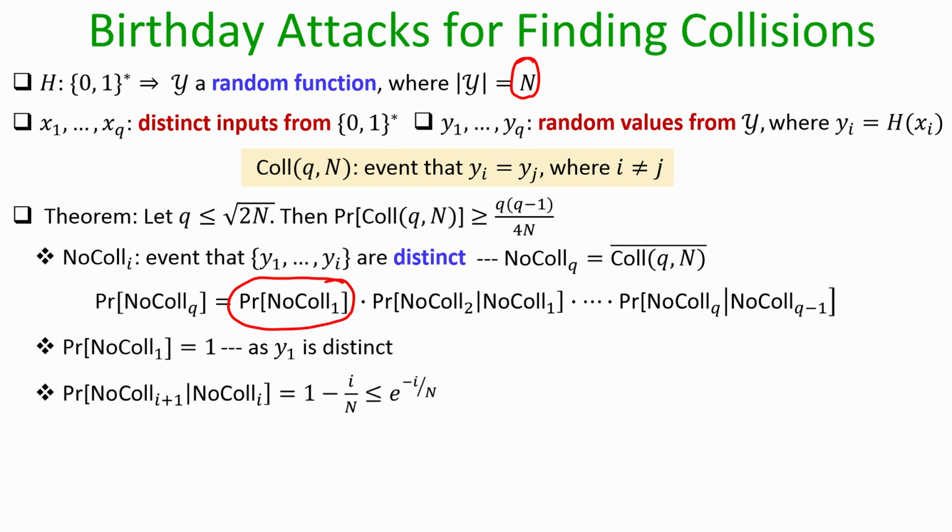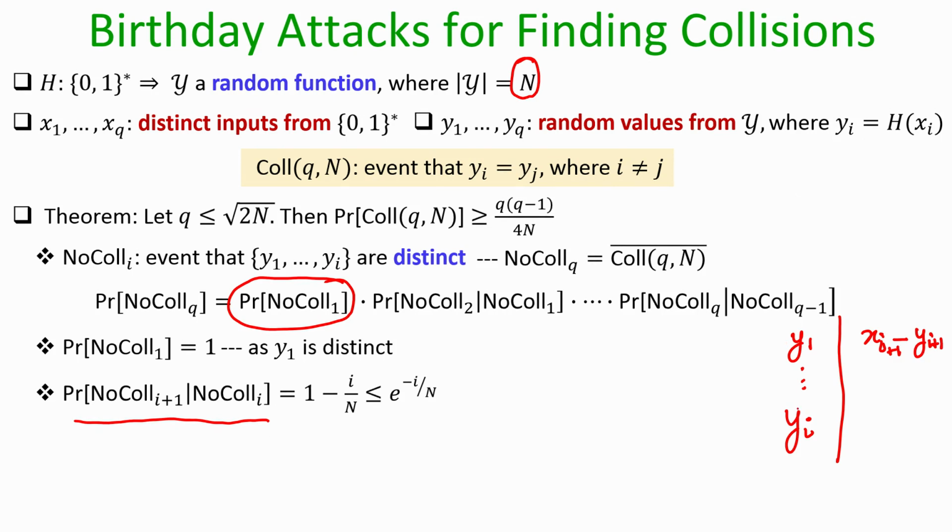Now, let us compute the ith term in the expression on your right hand side, namely the probability of the event NoCol_(i+1), given that the event NoCol_i has occurred. That means y1 to yi are all distinct, that is given to you, and then when you have made the query for x(i+1), you have obtained y(i+1), and we want to analyze the probability that this y(i+1) is different from all the values y1 to yi.